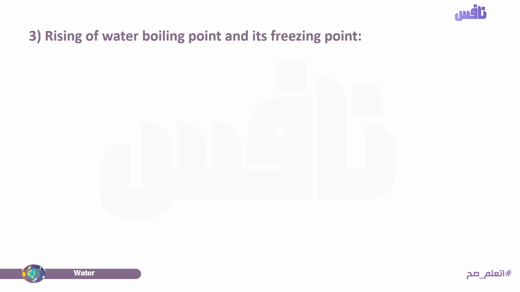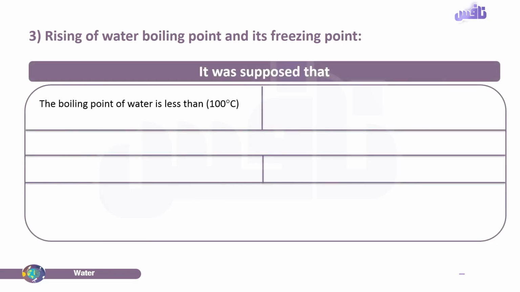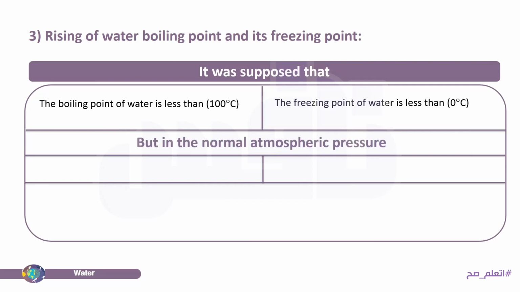Number 3. The third property of water: its boiling point and its freezing point. The boiling point of water is less than 100 degrees Celsius. And the freezing point of water is less than 0 degrees Celsius. Why?